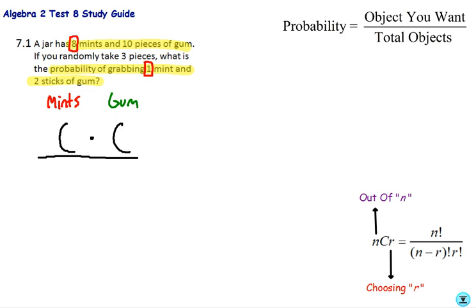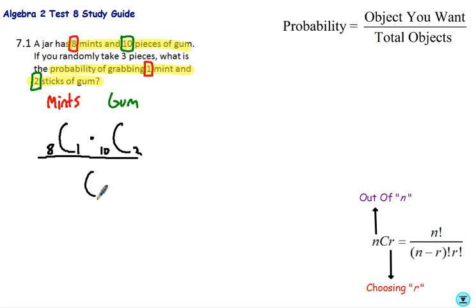So we're going to say from 8, we want to choose 1, or pick 1. And then concerning the gum, there's 10 pieces of gum. We don't want all 10, we just want 2. So from 10, we want 2. And then probability is always what you want out of the total. So what we want is 1 of those 8 mints, and 2 of those 10 pieces of gum. So that's what we want.